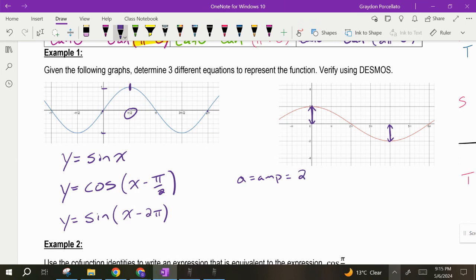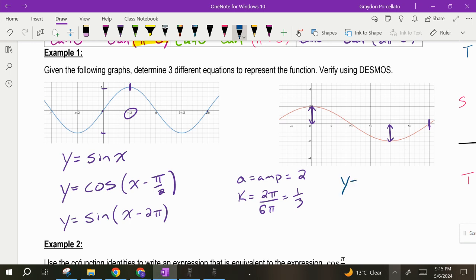I also see here that my period is 6 pi. So I know that my K value is equal to 2 pi divided by my period, which is 6 pi. That's equal to 1 over 3. So if I want to write out an equation for this function, I might start with the fact that this starts at a maximum.